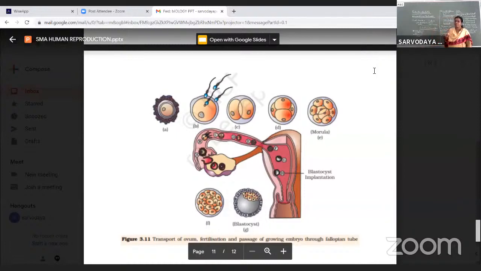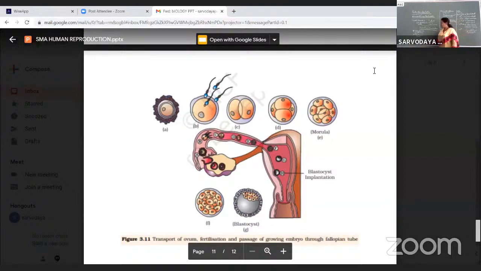So oxytocin is a very important hormone which is going to help in parturition. How does it help in parturition? It is going to influence alternate or rhythmic contraction and relaxation of the uterus. So what is the use of oxytocin? It's a very important hormone produced at the end of the pregnancy along with relaxin.